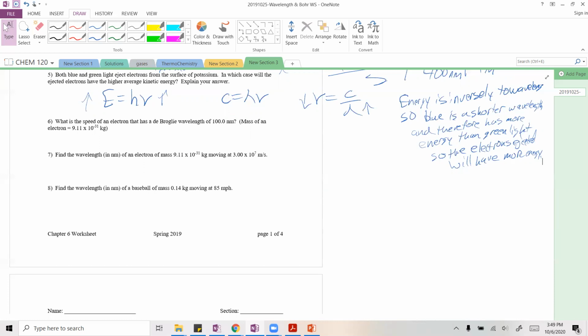And that's that our energy is not just related to h nu, and that's because now there's a mass associated with it. So some of our energy gets changed when we talk about the velocity because we have a mass now. Now we're shooting out electrons as opposed to photons, which don't have mass. So our equation is really looking at our wavelength is Planck's constant over m times v this time, where v is our velocity.